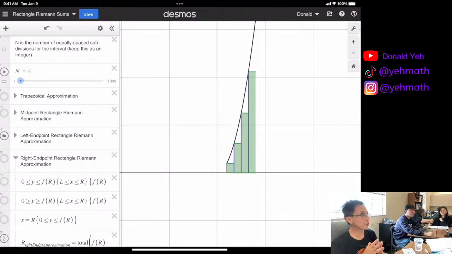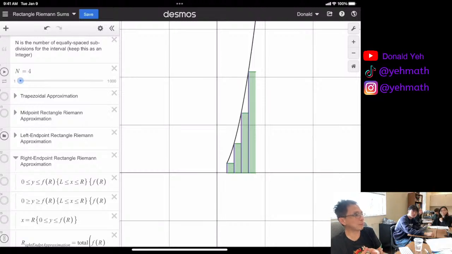Riemann says, well, I don't know how to take an integral yet, but I can brute force my way through. I can break it into 4 parts, 8 parts, 16 parts, find the area of each individual rectangle, and find the approximation of the integral.